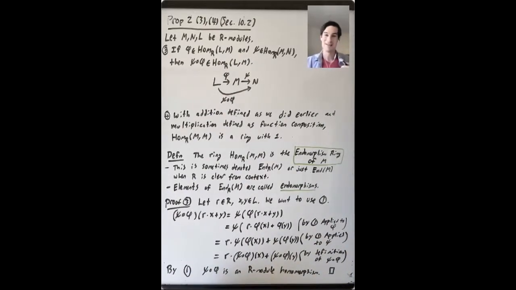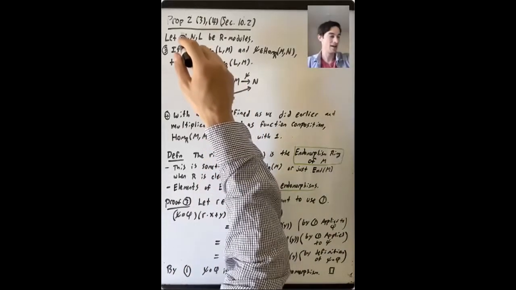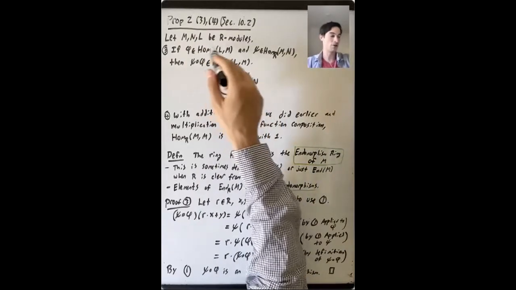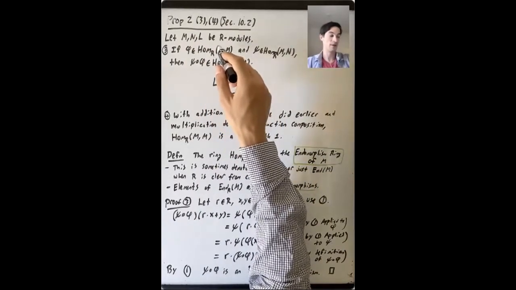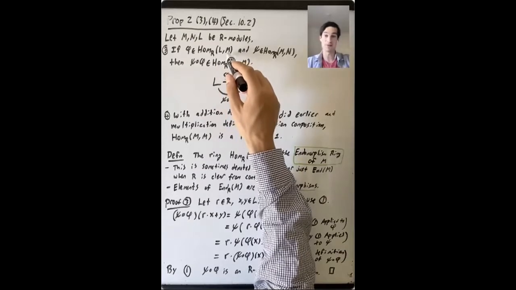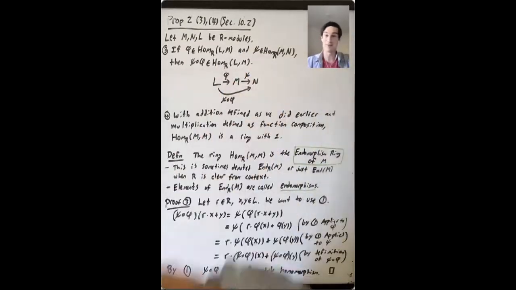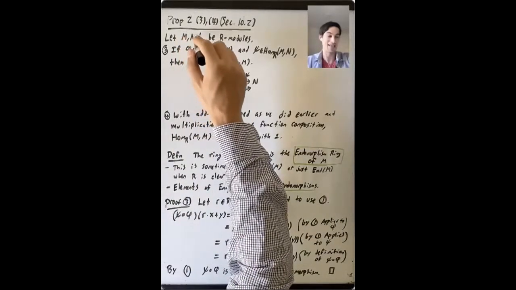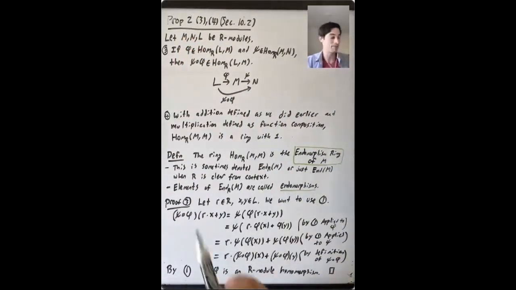All right, well, one thing you could do is if you have R-module homomorphisms from M to itself, then you can compose that with another R-module homomorphism from M to itself. Just take M equals N equals L here, all of them being the same.